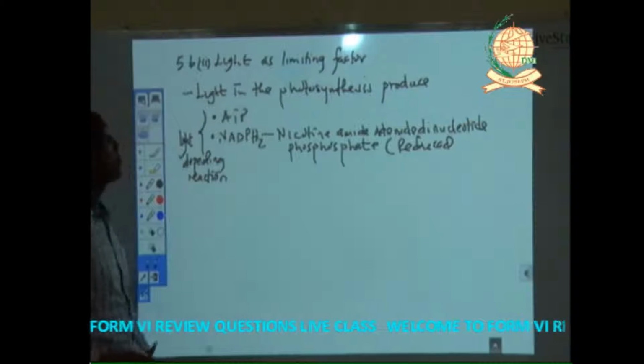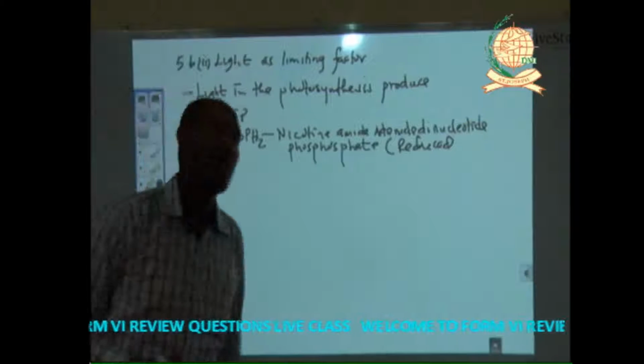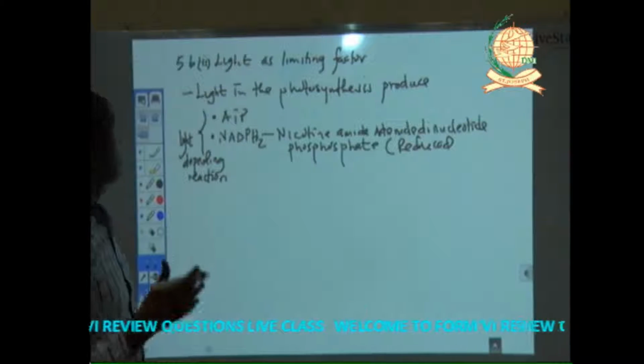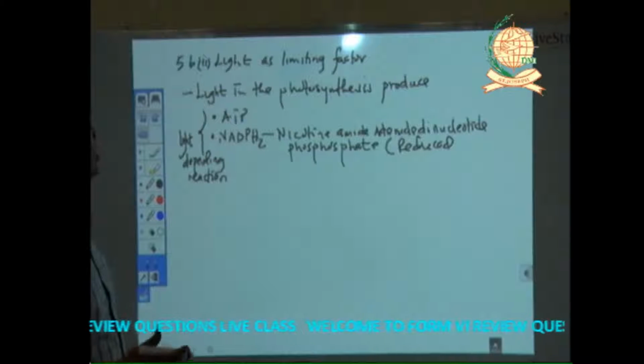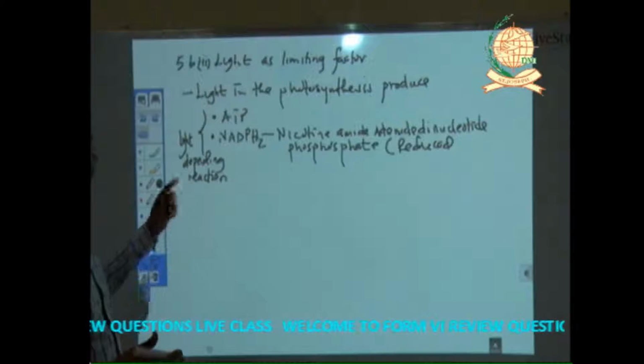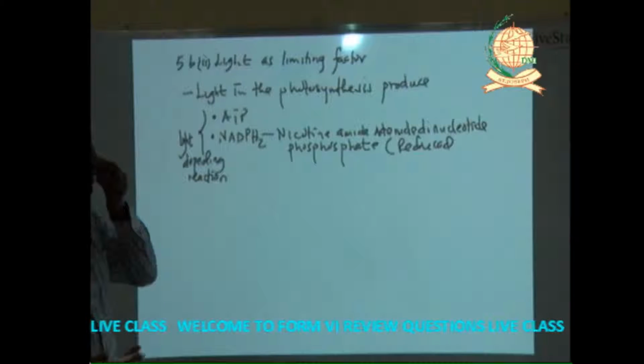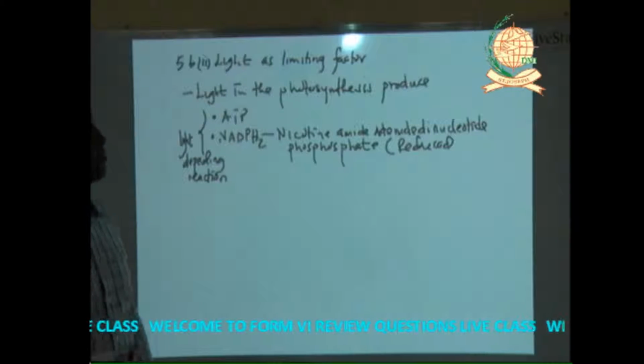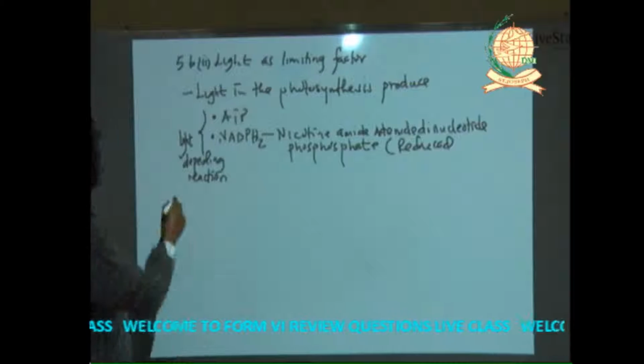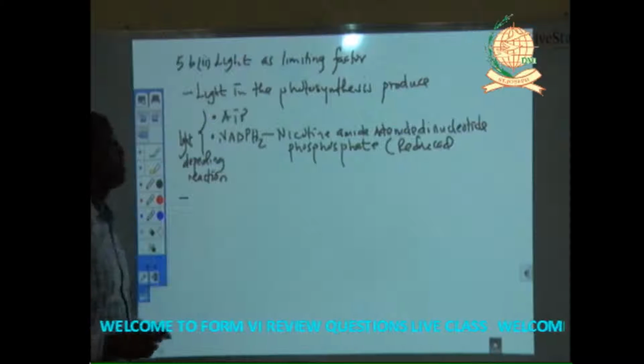On answering, you have to say that in the light dependent reaction, light is important to produce two products, that is ATP and the reduced nicotinamide adenine dinucleotide phosphate. That is the first one.